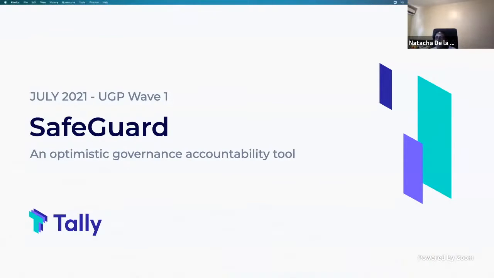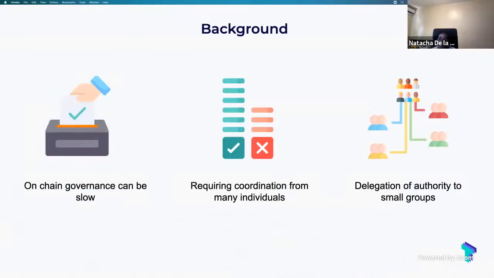So let me talk a little bit about the background. You know that on-chain governance tends to be a little bit slow, because it requires a lot of coordination between many individuals within the protocol to pass a proposal or a vote, which is too slow for managing day-to-day operations or expenses within the protocol.